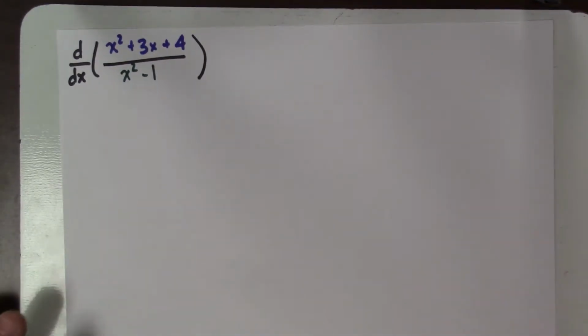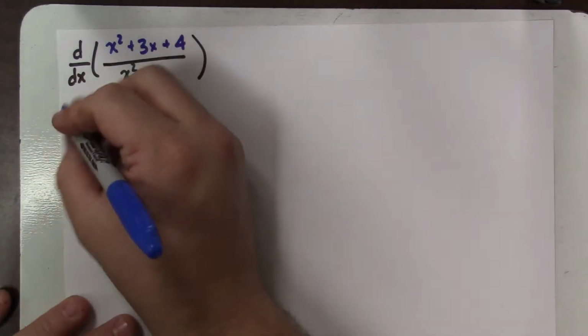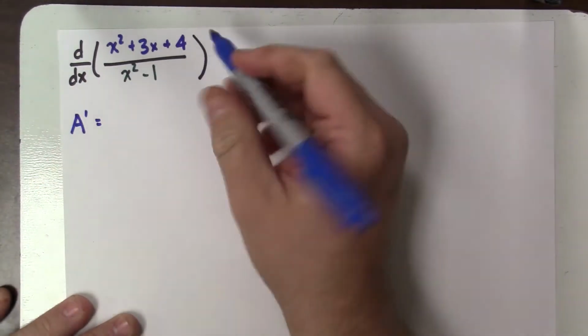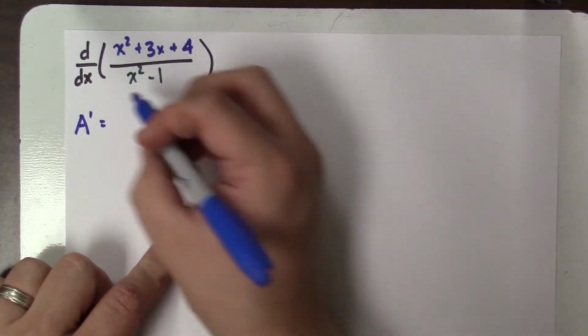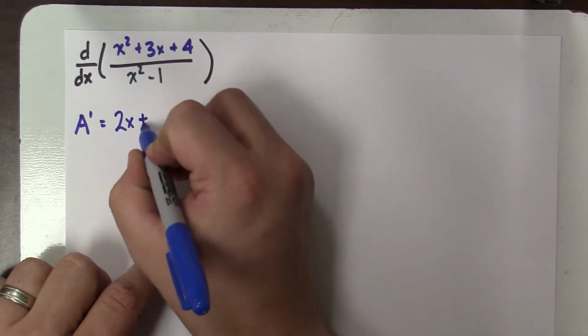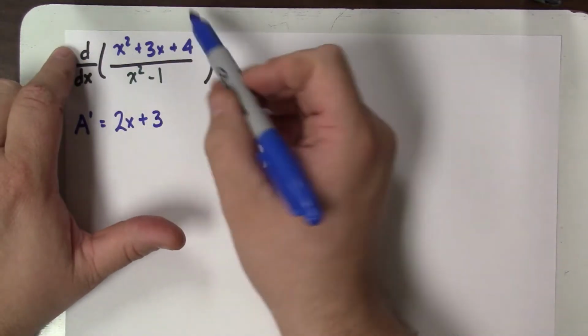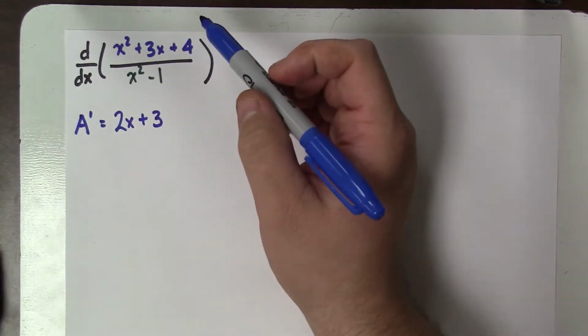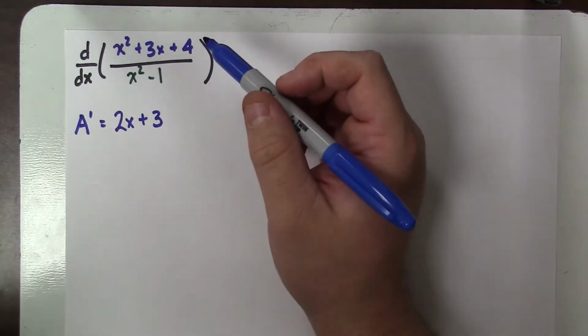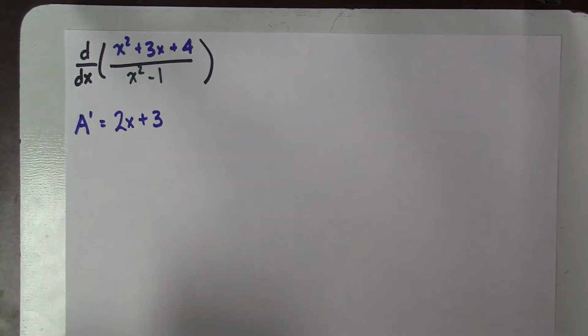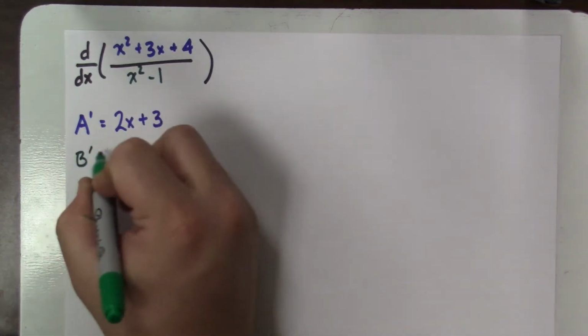Now, just like I did before, I'm going to do the derivative of the top. So a prime, the derivative of what's on top, is 2x plus 3, following our power rule and our sum rule. And then the derivative of the bottom is just 2x.